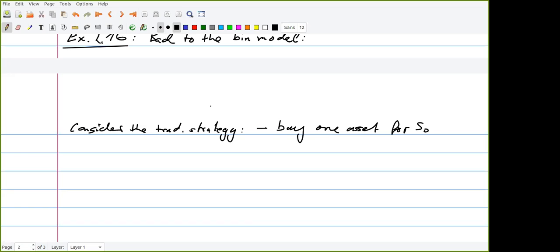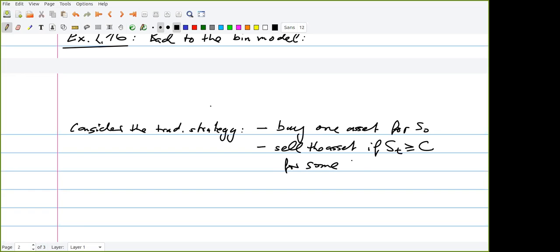So at time 0, I buy one of the risky share modeled with the price process S, and then I have it, and then I want to sell the asset if the price goes above some constant C. Okay?